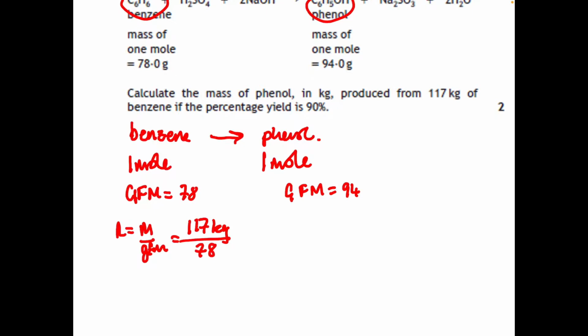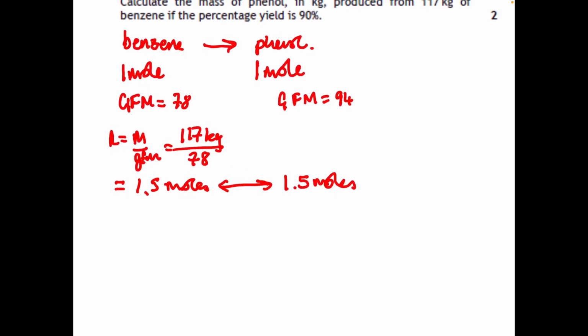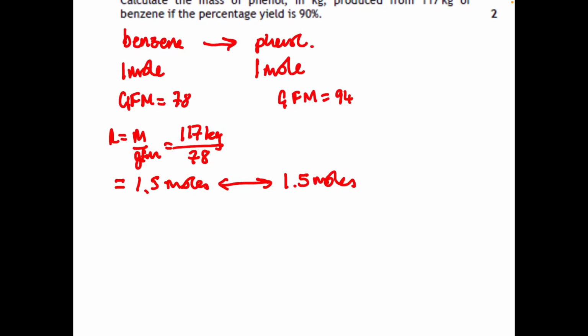Just a wee side note here, notice that it mentions kilograms. I don't actually have to change this into grams because it will just make sure that my answer on the other side is in kilograms, which I actually do want, so that's fine. So actually this wouldn't be 1.5 moles, it would be 1,500 moles, but if you're working in kilograms, it works out to be 1.5 moles, because there's a times them by 1,000 in there.